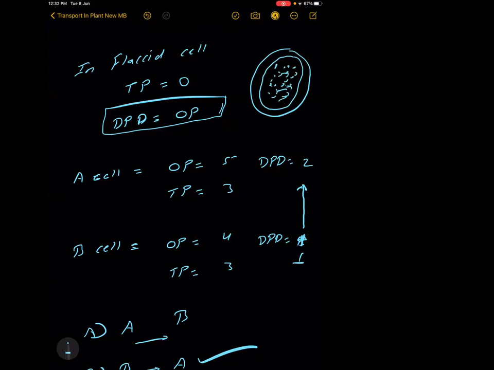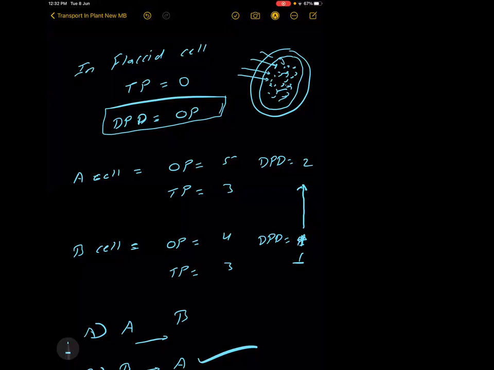So there is no chance of stretching of the cell wall, stretching of the cell membrane, because this stretching is because of turgor pressure, and turgor pressure is produced by water molecules. But the cell has no water molecules or less water molecules. If water molecules enter the cell, then turgor pressure is developed. Otherwise, in flaccid cell, there is no chance of turgor pressure.